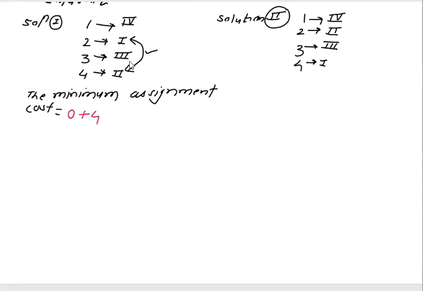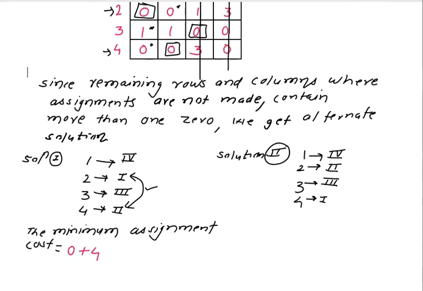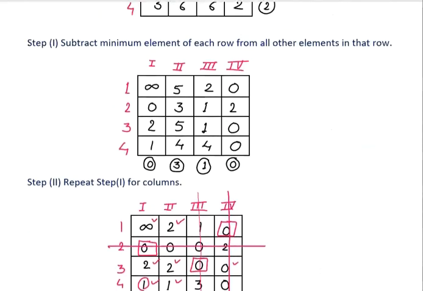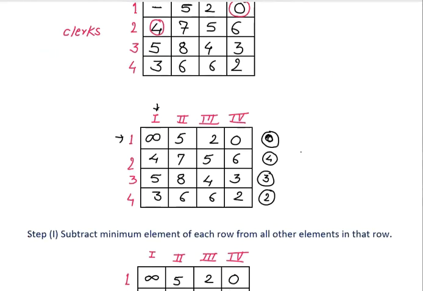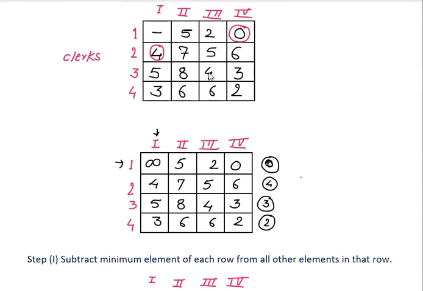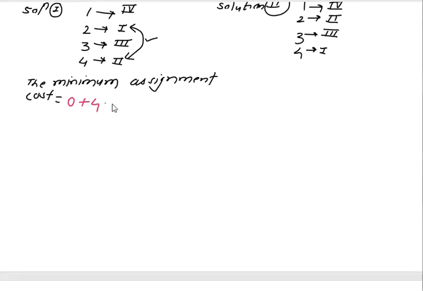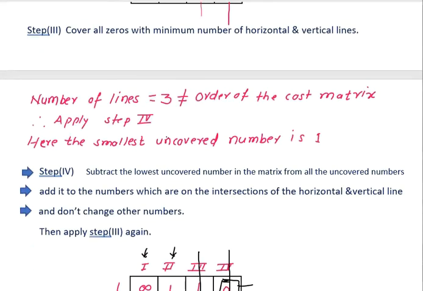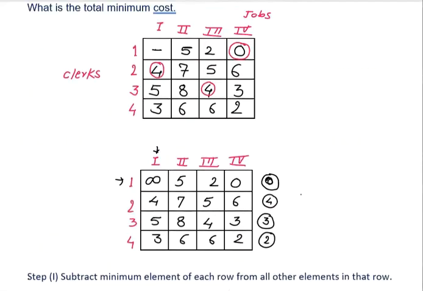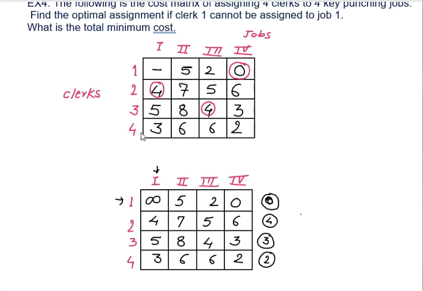Clerk number 3 is assigned to job number 3, and the assignment cost is again 4. And finally, clerk number 4 is assigned to job number 2, and the cost of assignment is 6.